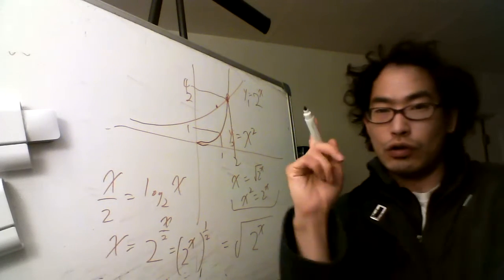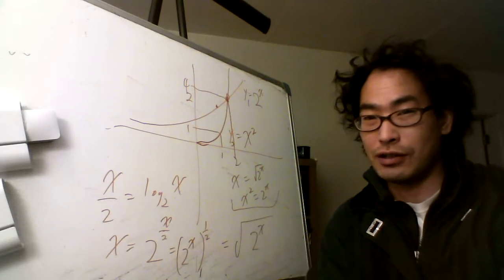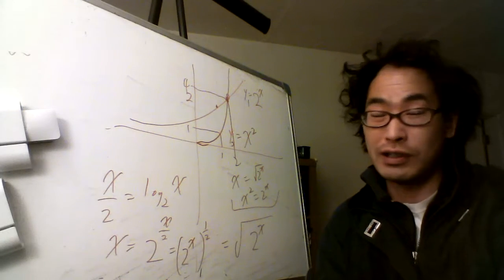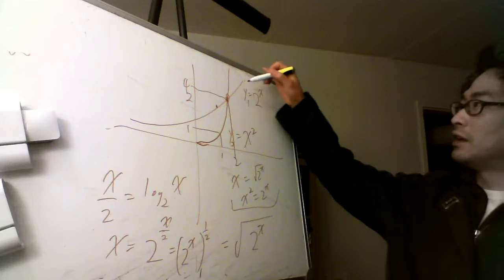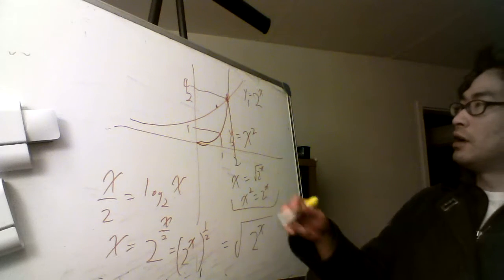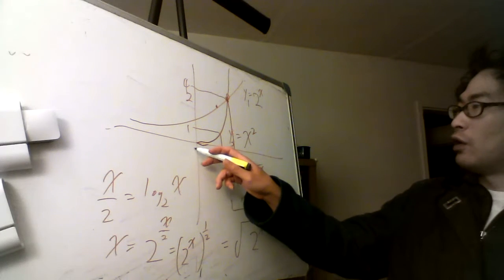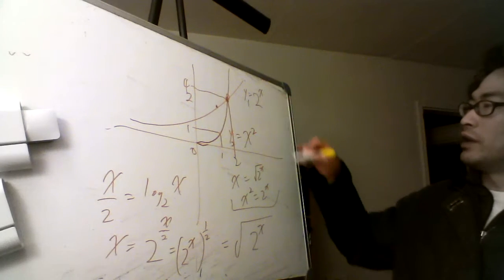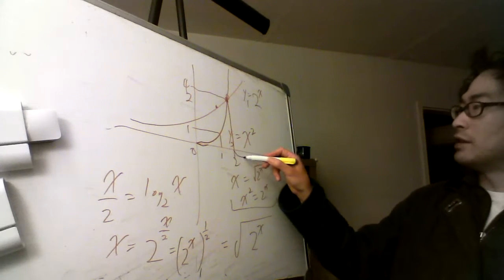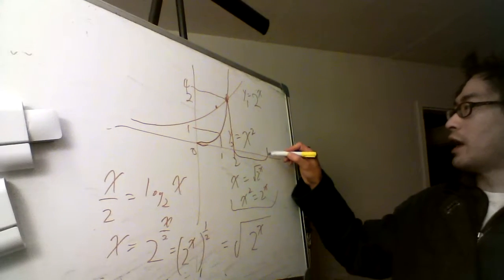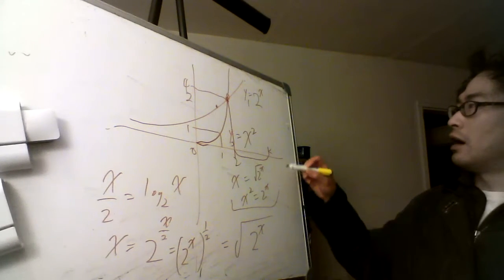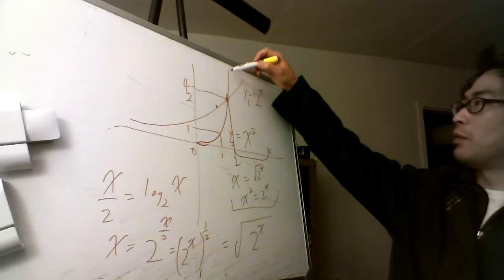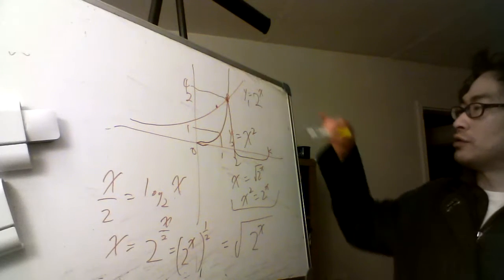That's the first solution. But there is another intersection, because y is equal to 2 to the x, it will eventually catch up again. Between 0 and 2, 2 to the x wins. But between 2 and something, we call it k, this parabola is bigger than the exponential.